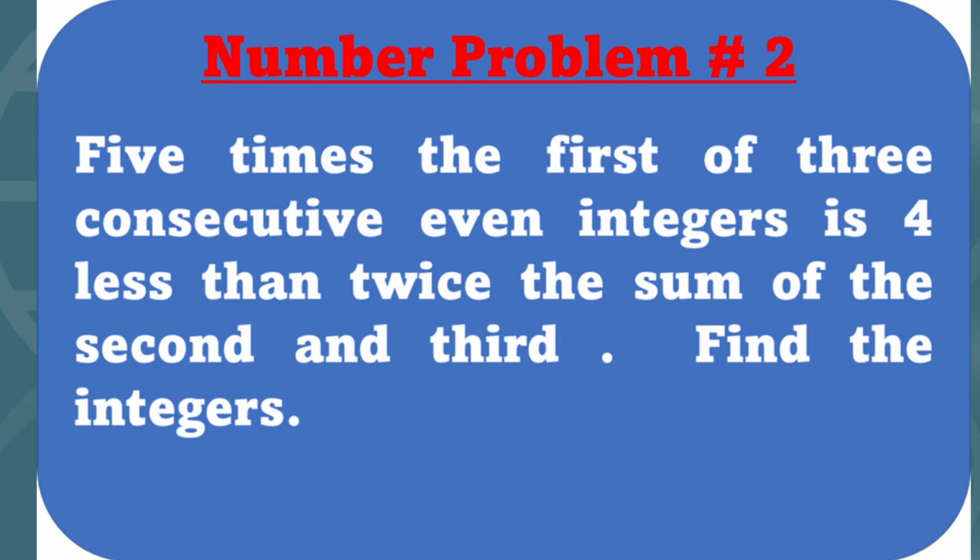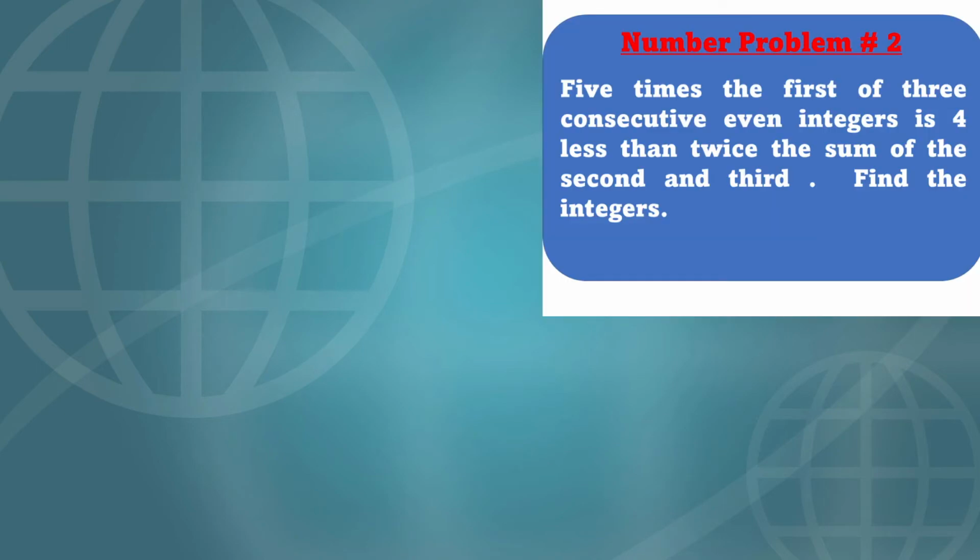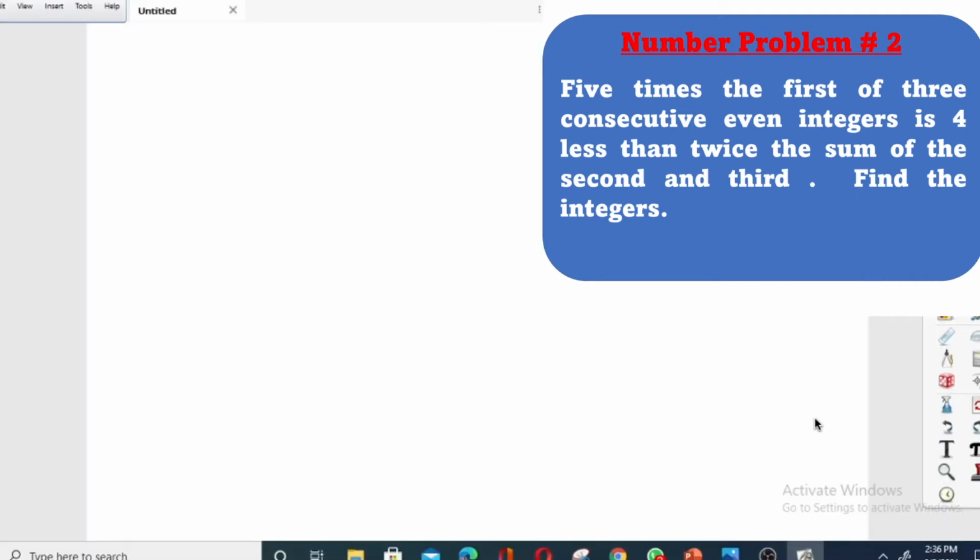Problem number 2. 5 times the first of 3 consecutive even integers is 4 less than twice the sum of the second and third. Find the integers. In this problem, we are asked to find the integers.